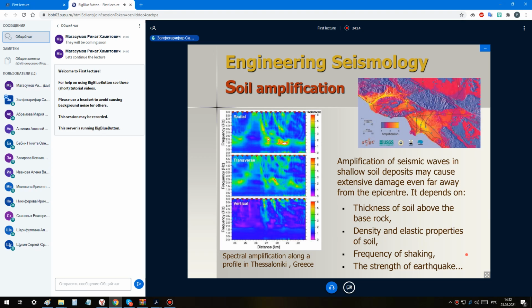Amplification of seismic waves in shallow soil deposits may cause extensive damage even far away from the epicenter. It depends on the thickness of soil above the base rock, the density and elastic properties of the soil, the frequency of shaking, and the strength of the earthquake.